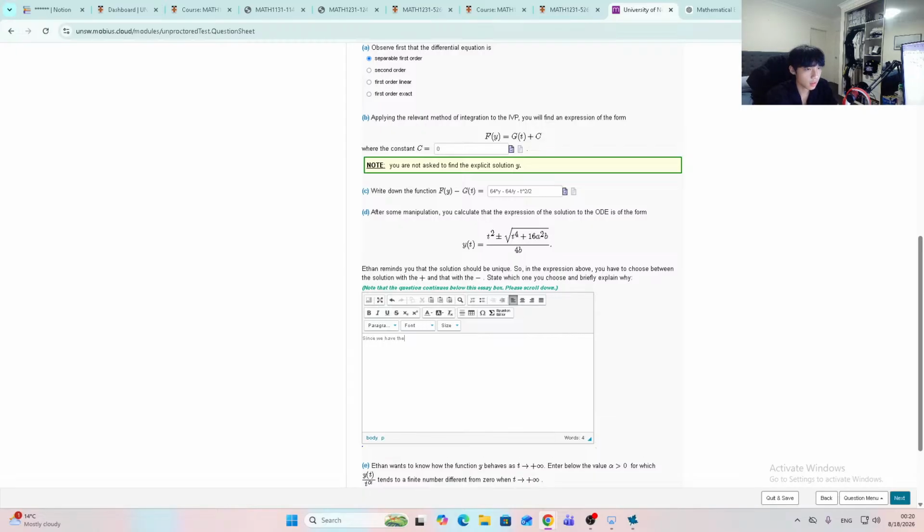Since we have the initial condition y of 0 equals 1, setting y of 0 equals 1 for the plus case, 1 plus 16 a squared times b.